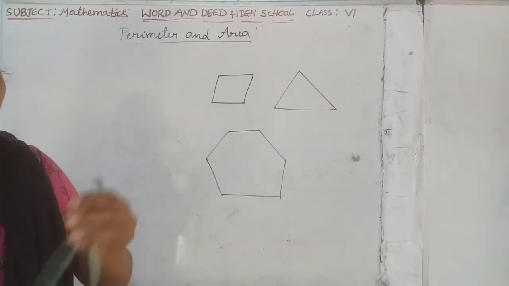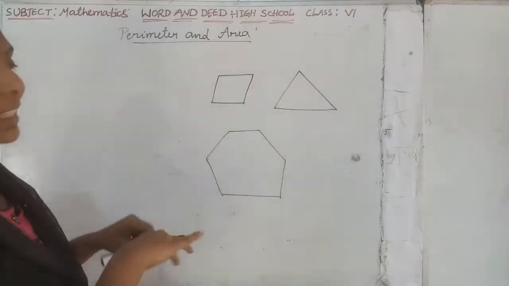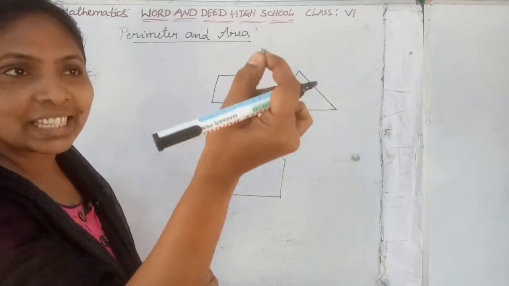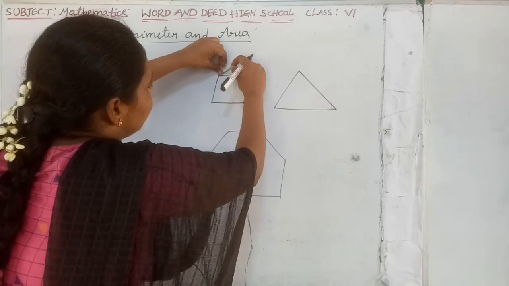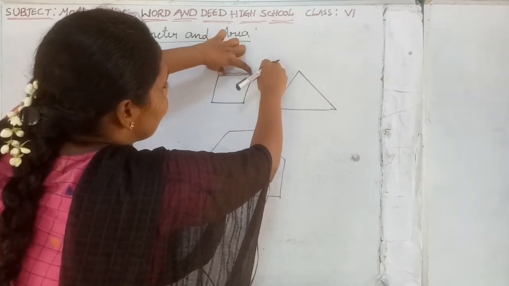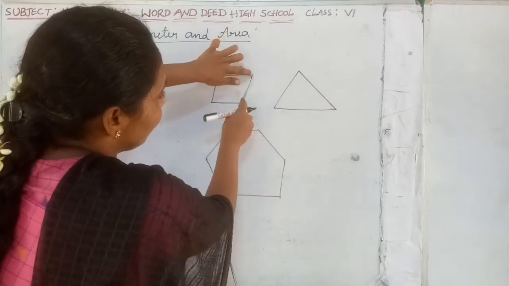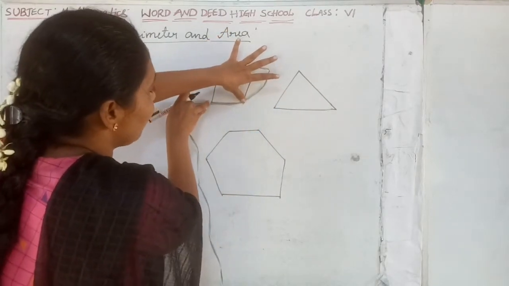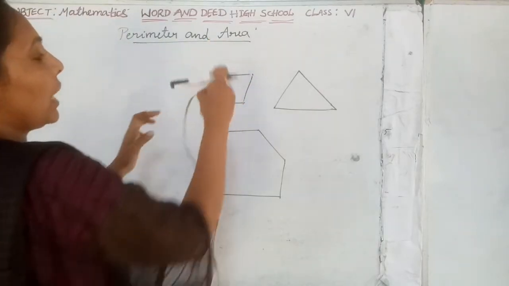See children, suppose we take a thread. With the thread like this, we take the first edge. Next, you can measure one of the sides. Next, the other side you can measure, and the next, and the next.